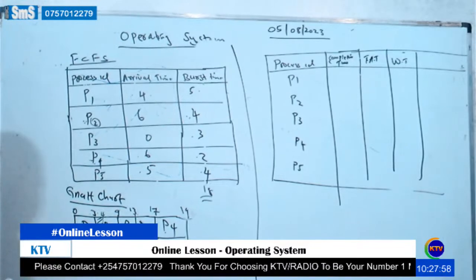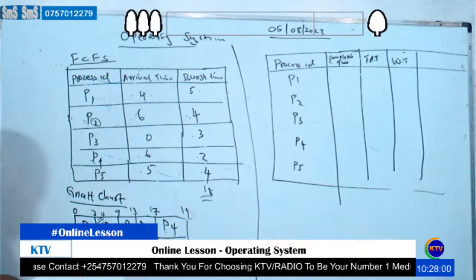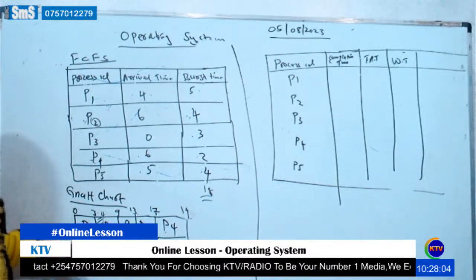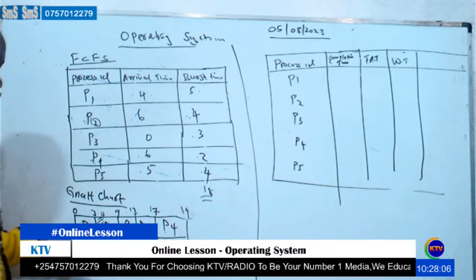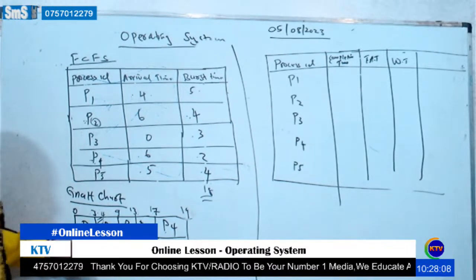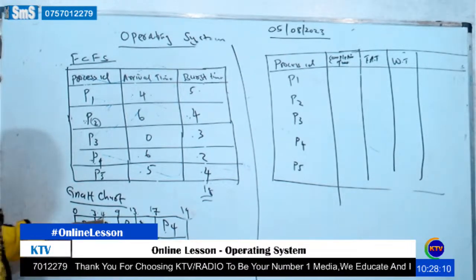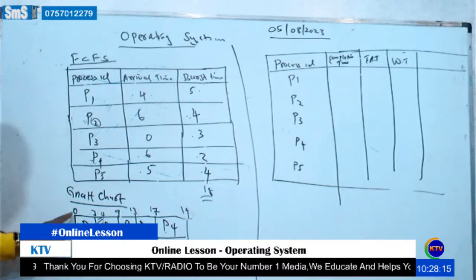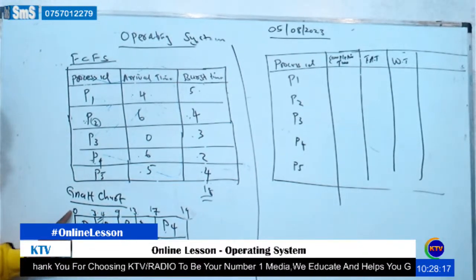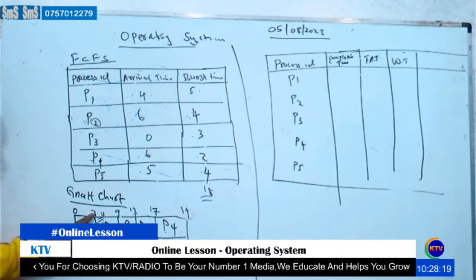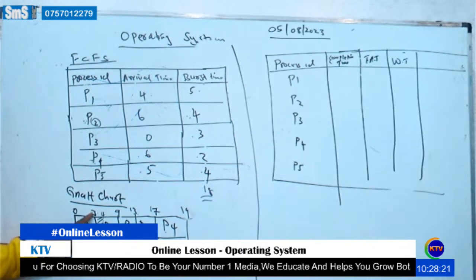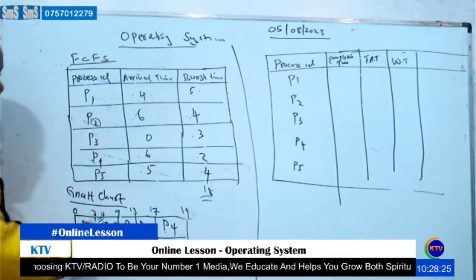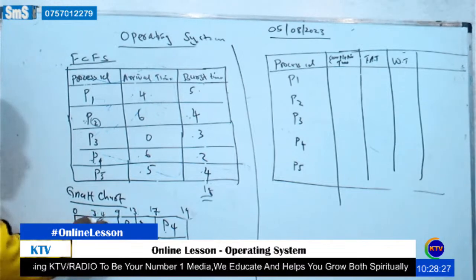So now we want to get the completion time, and we get the completion time from the Gantt chart. So process 1 completed at what time? We look here: from this side is the time the process started, and this side from the right is the time the process completed.